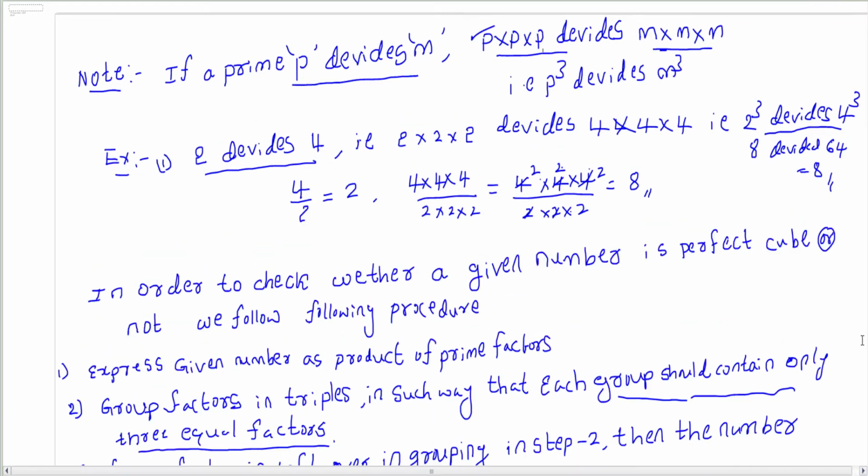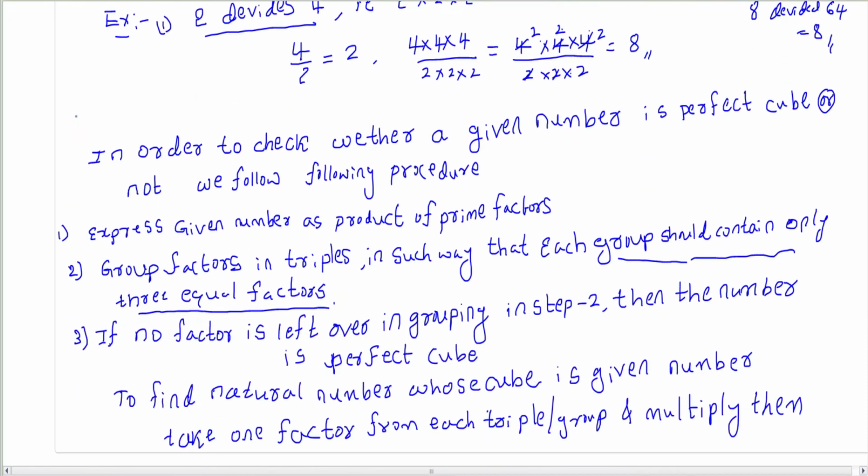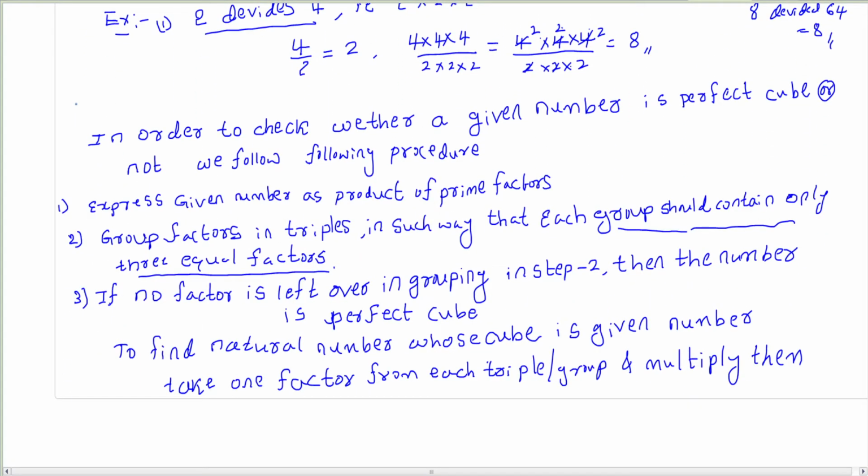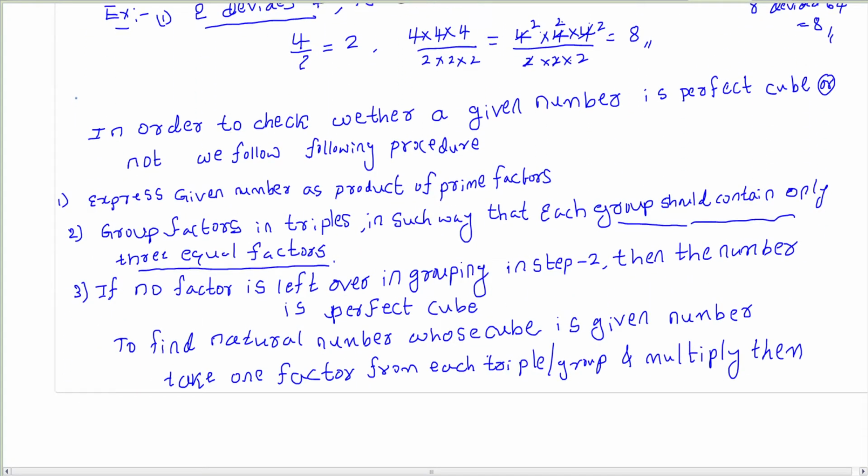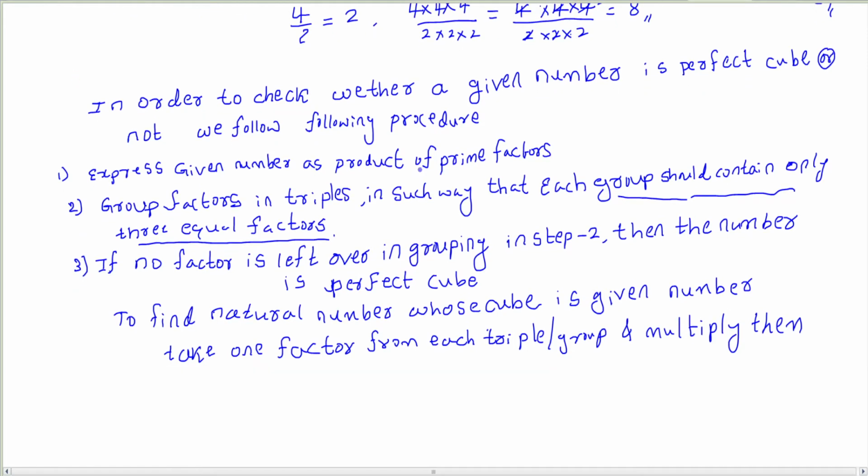The next step: in order to check whether the given number is a perfect cube or not, you have to follow some steps. First, express the given number as a product of prime factors, and group the factors in triples, in such a way that each group contains only 3 equal factors. This is important.